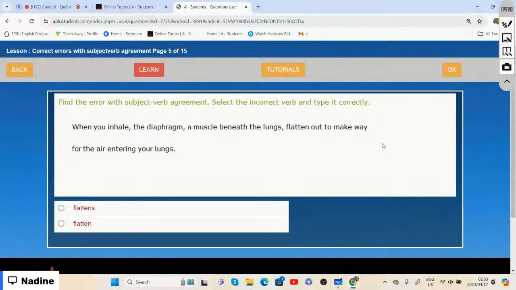When you inhale, the diaphragm, a muscle beneath the lungs, flatten out to make way for the air entering your lungs.